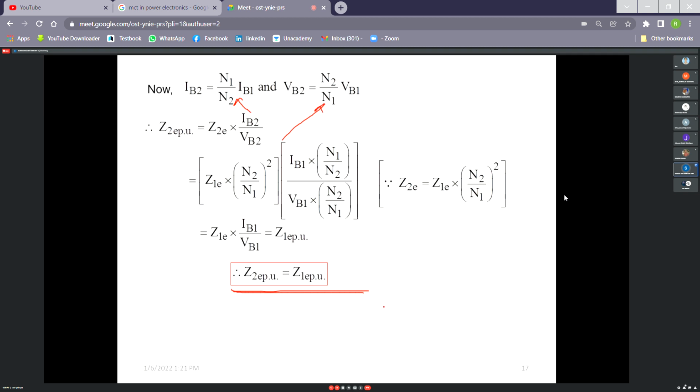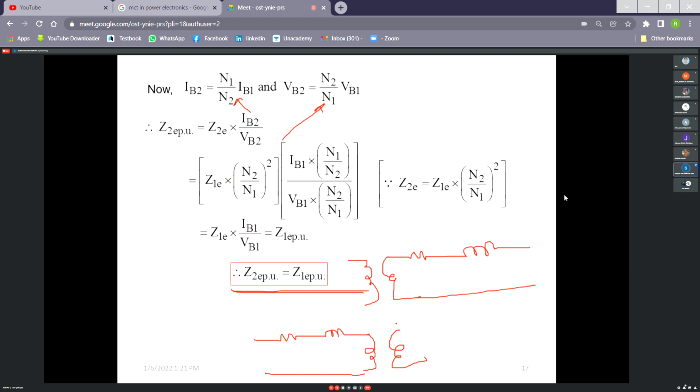So this is one advantage. There is a transformer equivalent impedance, whether you refer it to the secondary side or the primary side, the values are coming the same. So we have no need to bother about which side it belongs to.